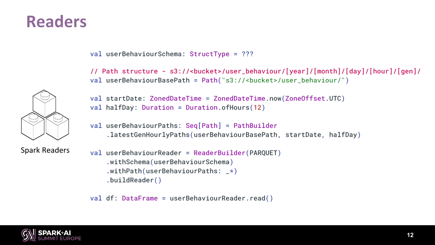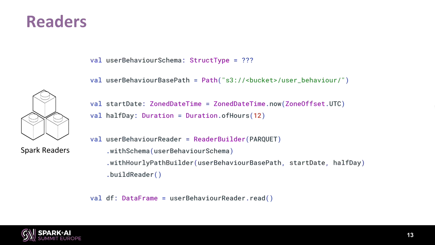So we provide a path builder that, given a base path, the starting point, and the duration, generates all the paths that we are going to read. Then we have the reader builder with parquet, the schema, and the path. In this example, I'm skipping all the path generation by providing the path builder.